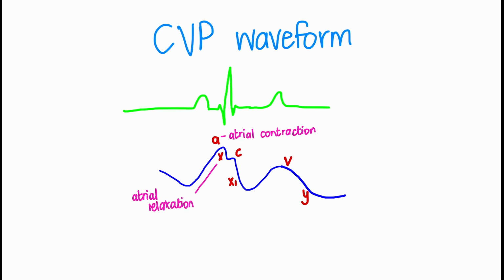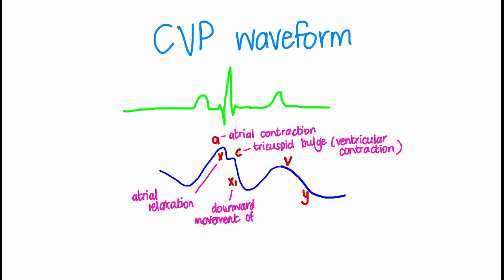Atrial relaxation, we have the C wave represented by the tricuspid valve closing, and then of course X1 is the downward movement of the tricuspid valve as the ventricles contract.